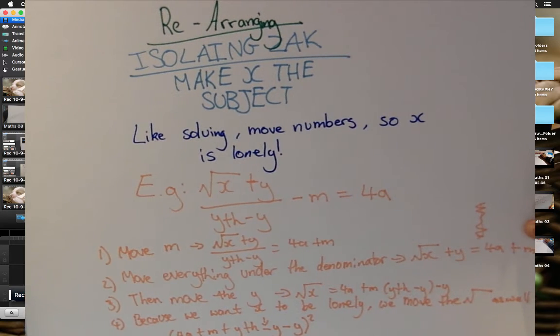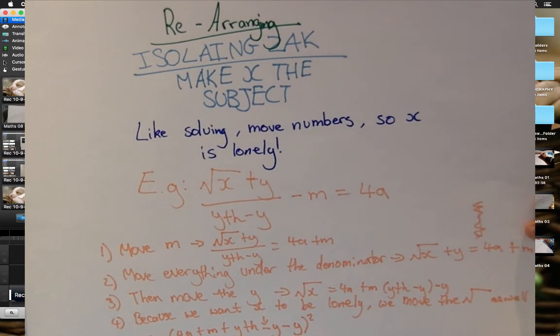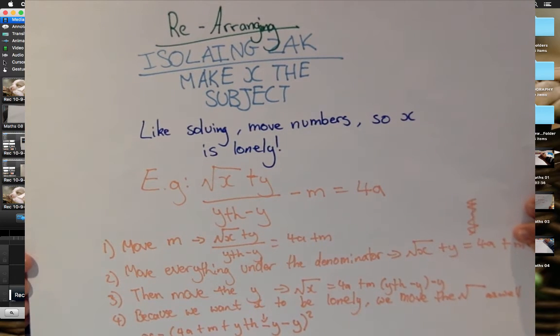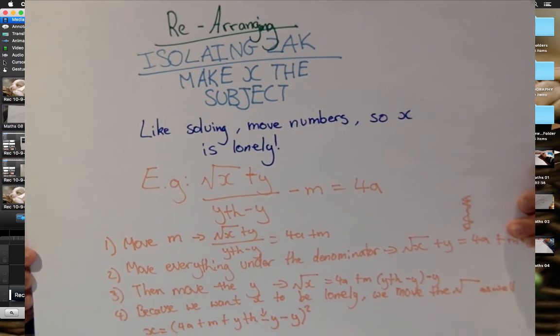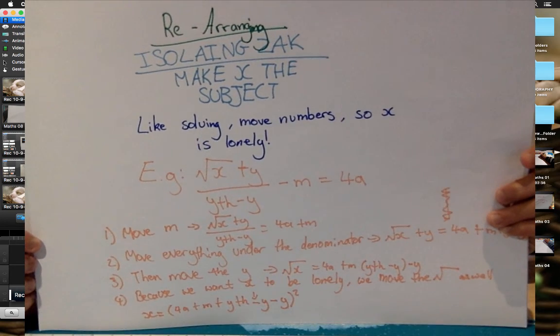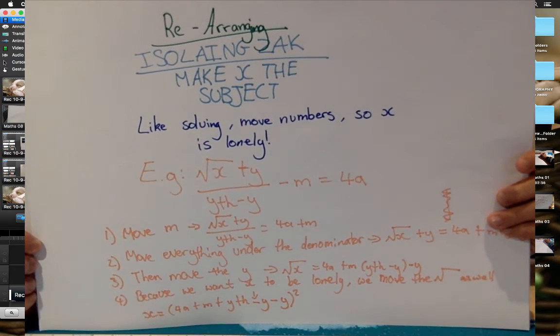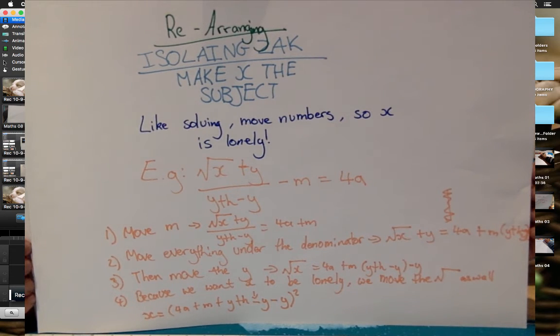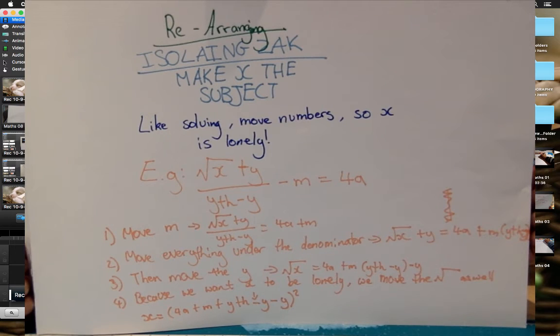Okay, so how you rearrange, aka isolating X or making X the subject. So basically, it's like solving, but you move the number so X is lonely. So for example, my question that I made up is square root of x plus y, over y plus h minus y, minus m equals 4a.